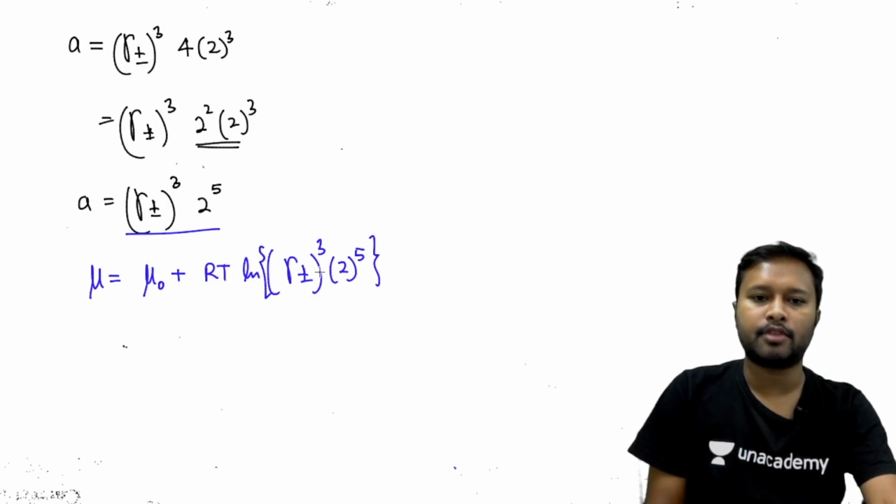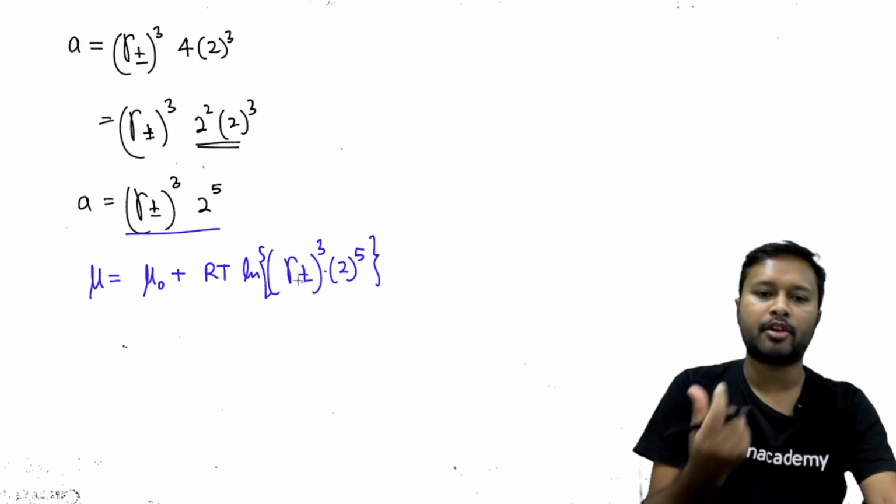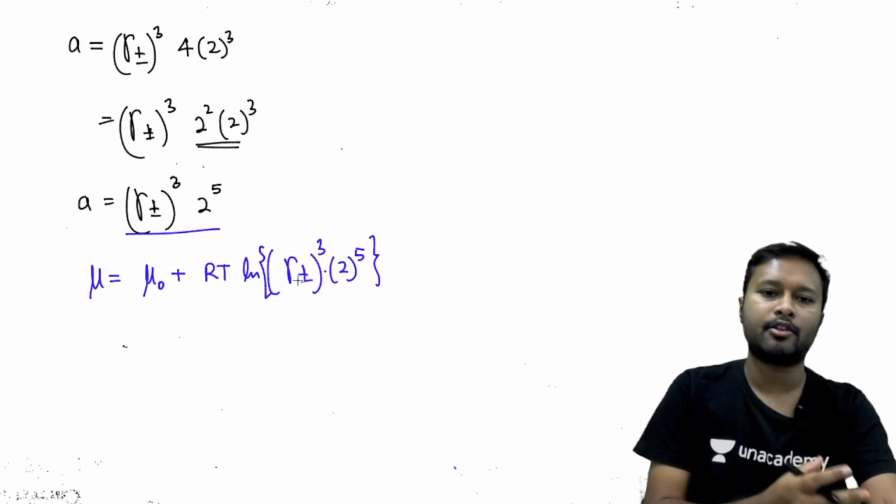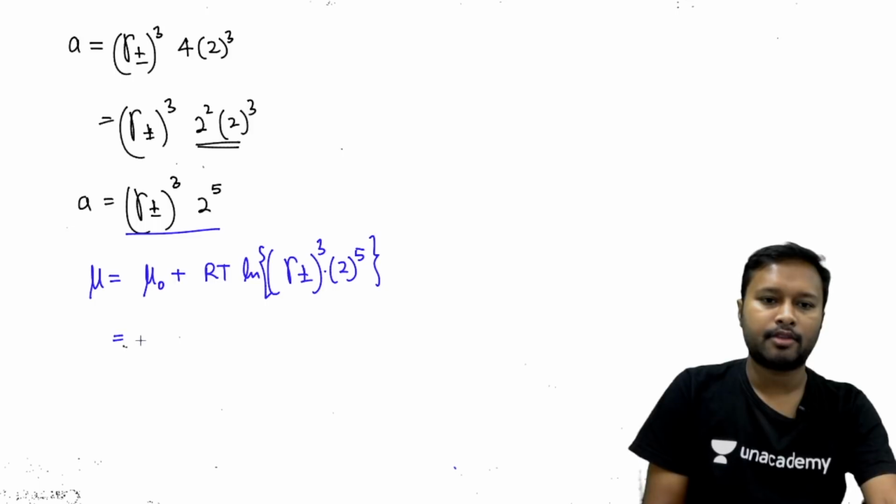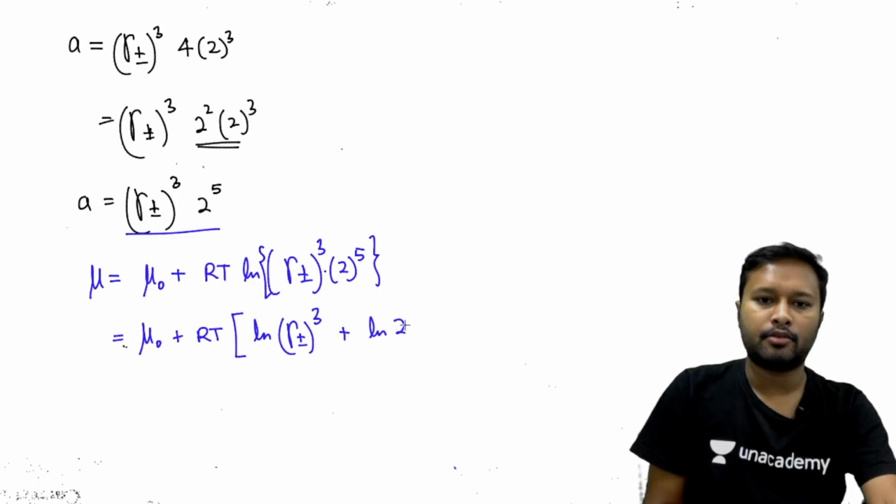Now I'm going to use the property of ln. So ln a into b is ln a plus ln b. So this will be like mu naught plus RT, and here I can write down it as ln gamma plus minus to the power 3 and plus ln 2 to the power 5. Okay, now the things are quite simple for me.